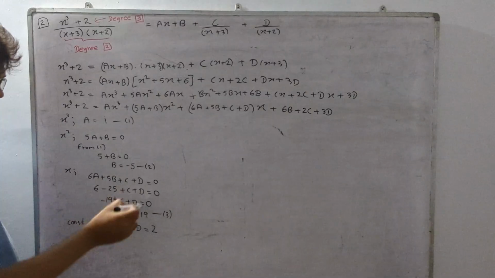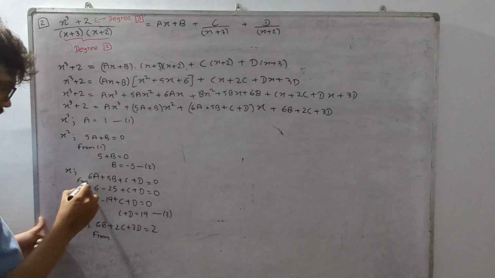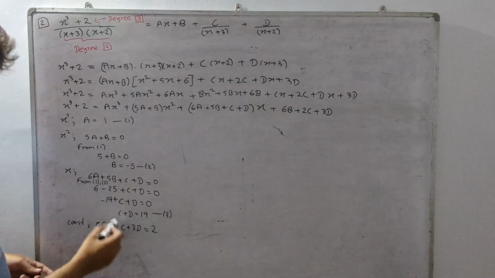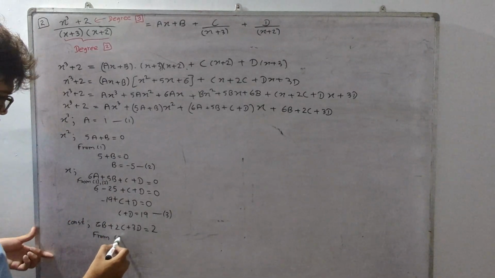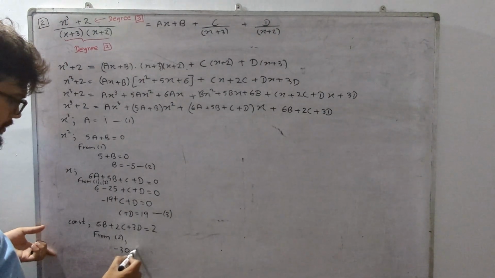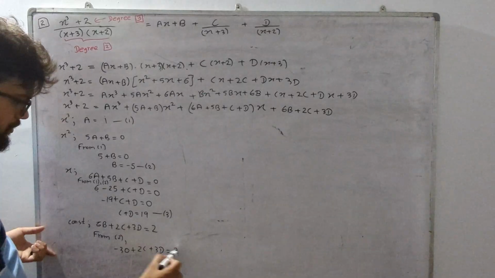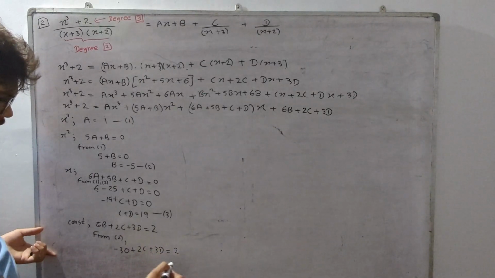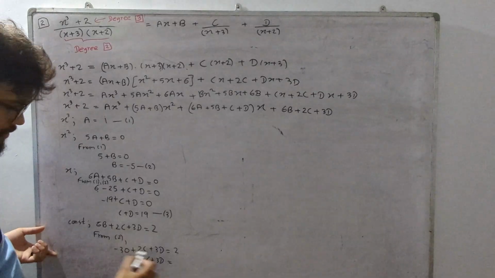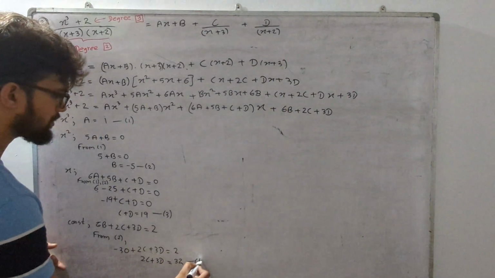I have substituted b from the second one, so there are only b terms. 6 into minus 5 equals minus 30 plus 2c plus 3d equals 2. 30 goes to the other side, plus 30. 2c plus 3d equals 2 plus 30 equals 32. This is the fourth equation.